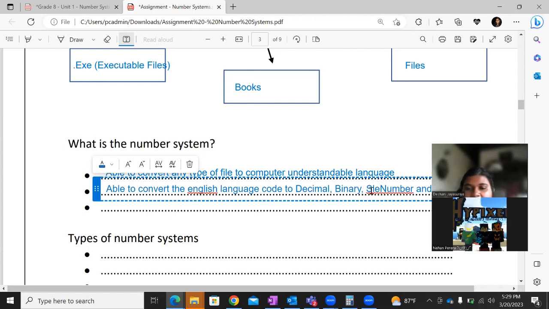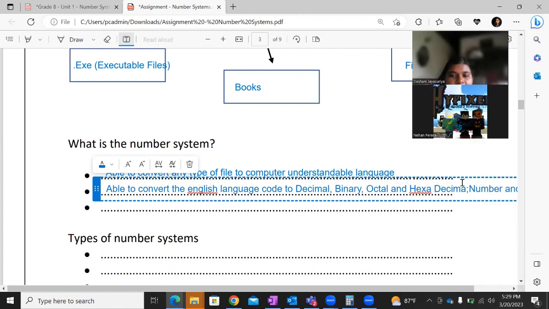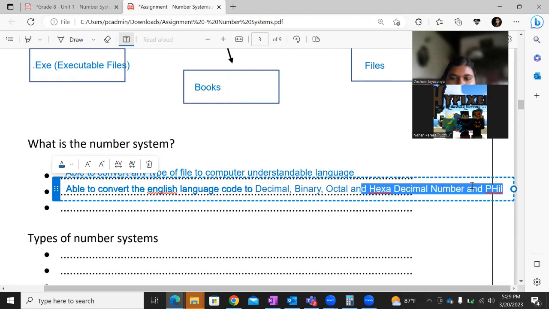So, binary, hexadecimal, and octal. This we can write about a lot of things.